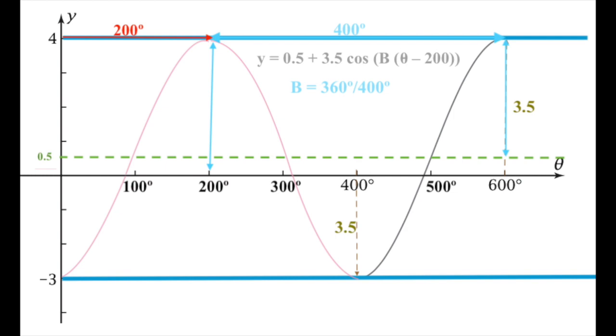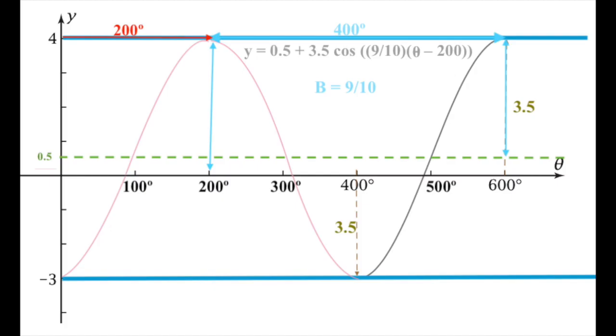So if we double it to get the other half, we know that the period is going to be 400 degrees. That means 360 degrees divided by 400, that reduces to 9 over 10. And if we put 9 over 10 in, we have the equation. Y is equal to 0.5 plus 3.5 cosine 9/10 times theta minus 200.